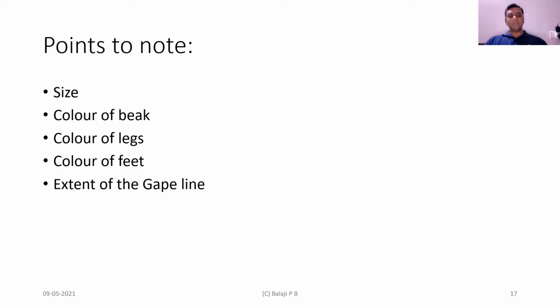These are some of the pointers that we need to look at. Additionally, during the breeding season, we also have to look at the lores of the bird in order to be certain we are identifying the correct species, because the size can sometimes be misleading in the field.